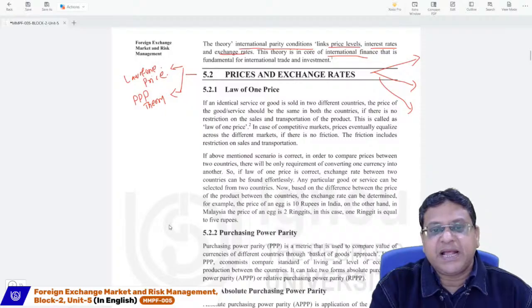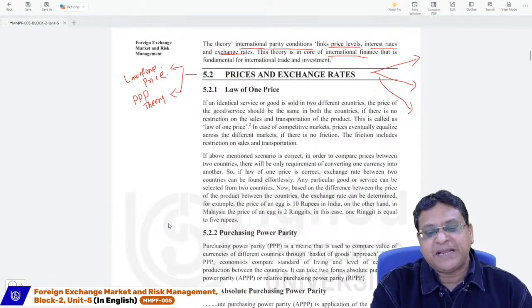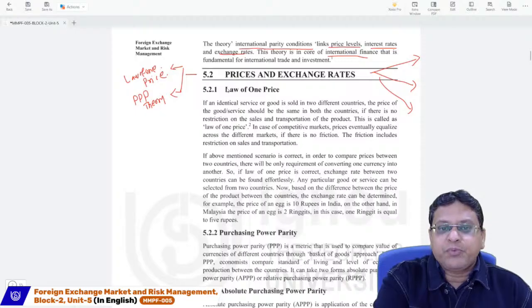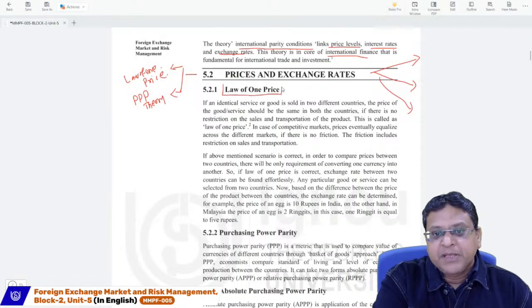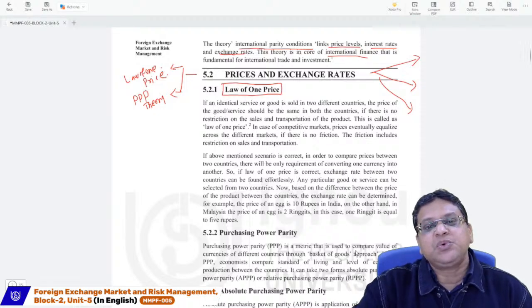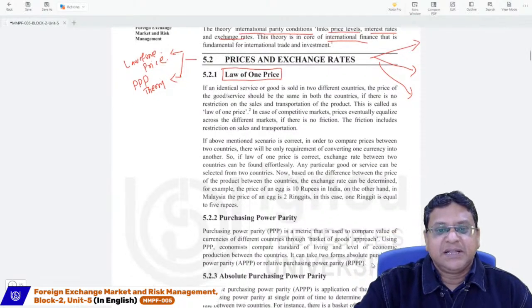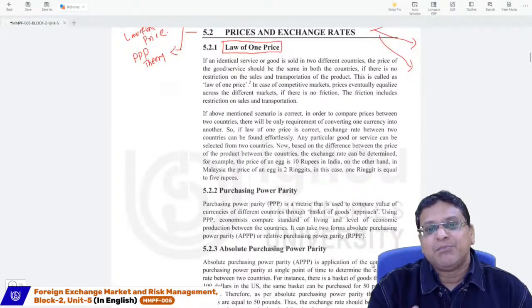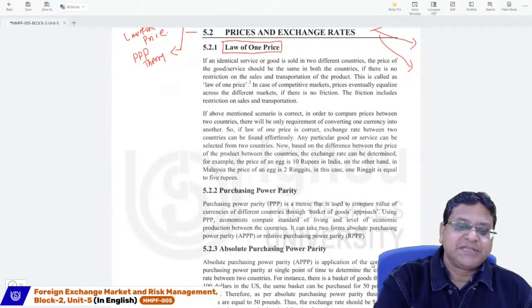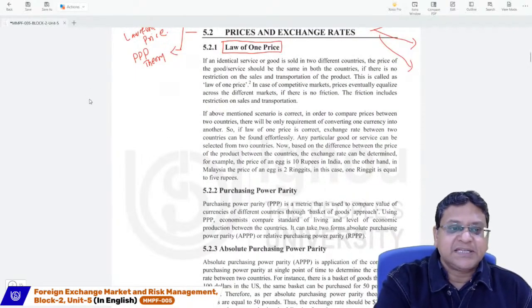First, we will understand the law of one price. What is the law of one price and how does this concept affect the exchange rate? Law of one price tells that if two similar goods are traded in two different countries, their prices must be similar. What does it mean? Let's take an example.